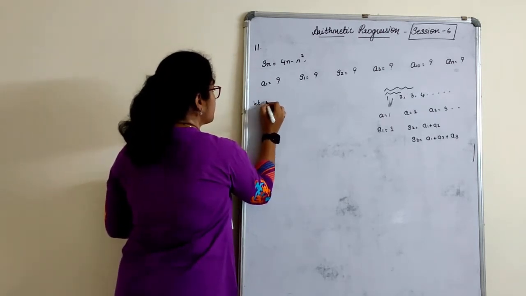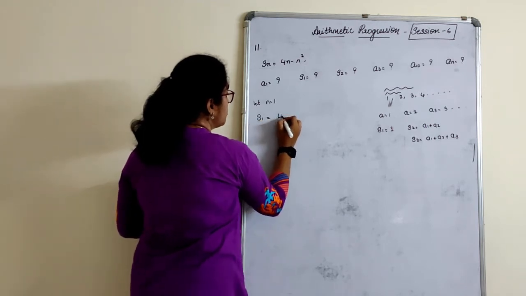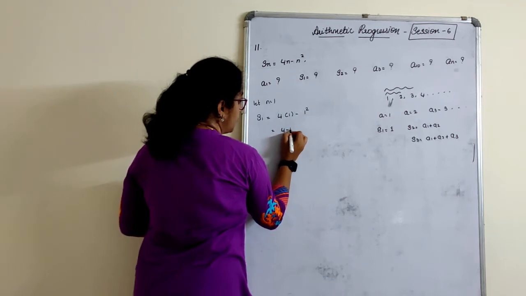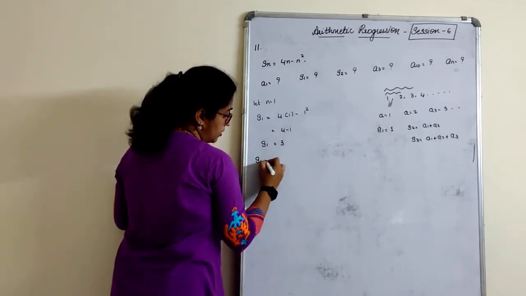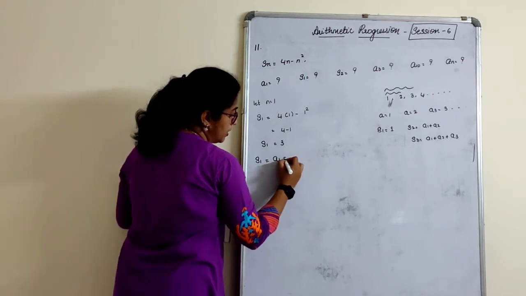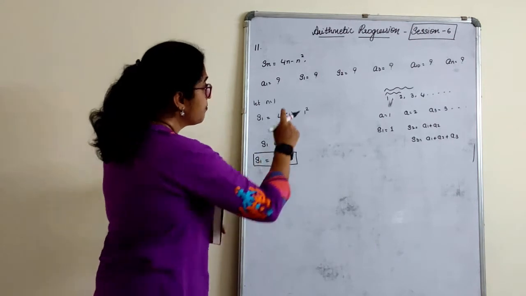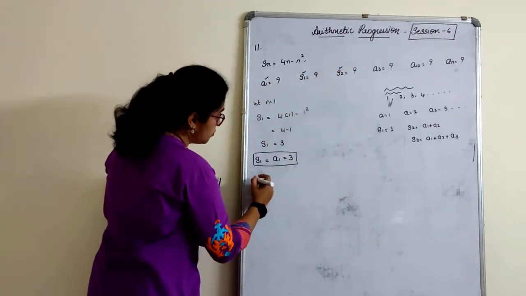Let n is equal to 1. S1 is equal to 4 into 1 minus 1 square. So 4 minus 1 is equal to 3. S1 is equal to 3, S1 is equal to A1 is equal to 3. Keep this as it is. Our A1 is over, S1 is over. Let us find S2.